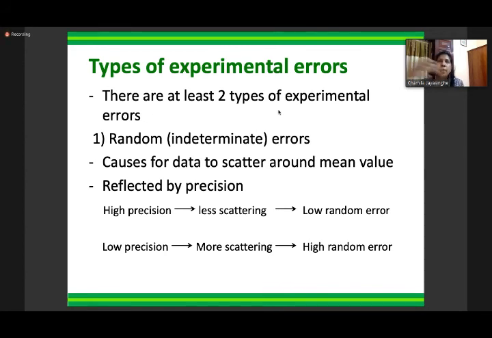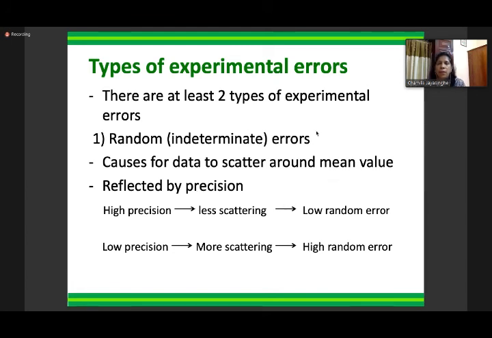Later, when you are doing your research project, you have to calculate standard deviation and standard error. In both, you should understand why plus or minus comes. It is a basic idea.